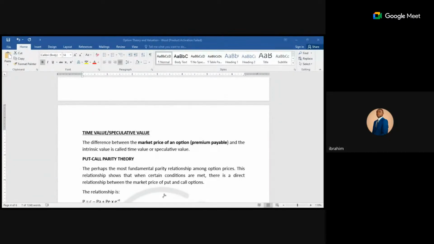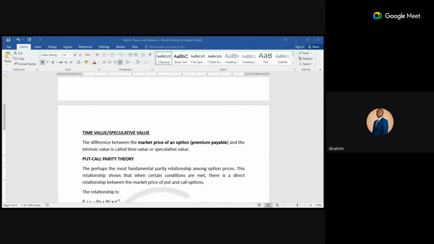We are in this together, right? So the time value is the difference between the market price, which is the premium, and the intrinsic value calculated earlier. We will illustrate that as we move.